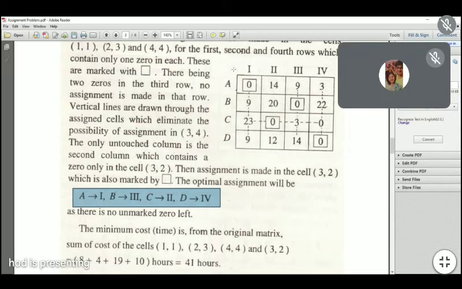That is, job A is assigned to machine 1, job B is assigned to machine 3, C is assigned to machine 2 and D is assigned to machine 4. 1-1 mapping. And so finally, what is the cost? Cost is, these cells, they had certain values in the given payoff matrix.